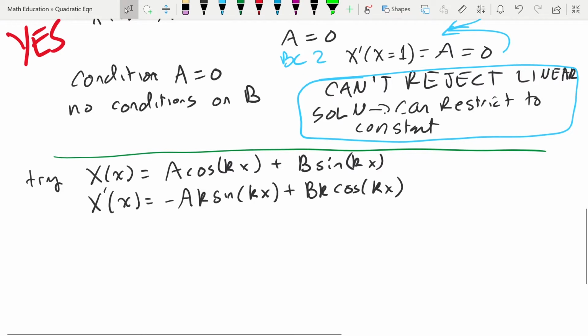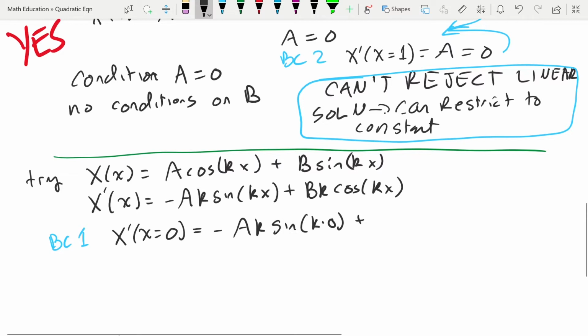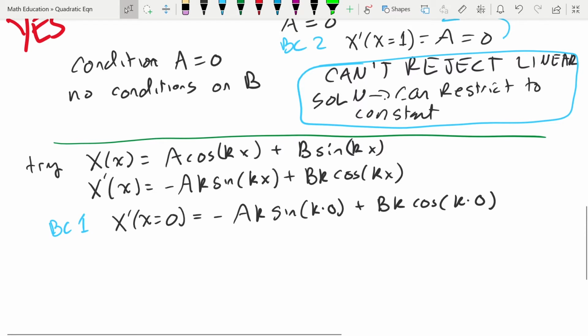So we've just taken the derivative here, and now I'm going to evaluate at boundary condition 1, which is x prime little x is equal to 0, gives me negative a k sine k times 0 plus bk cosine k times 0. So the key point here is that that evaluates to 0.